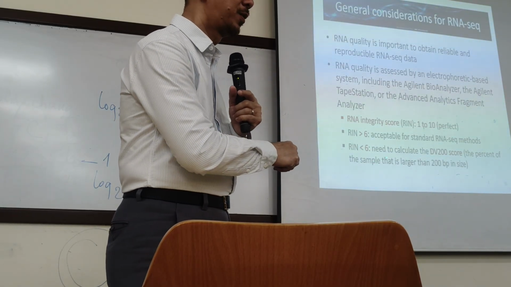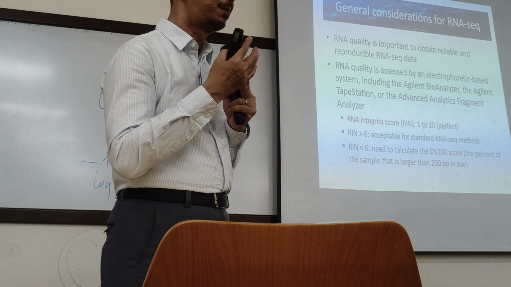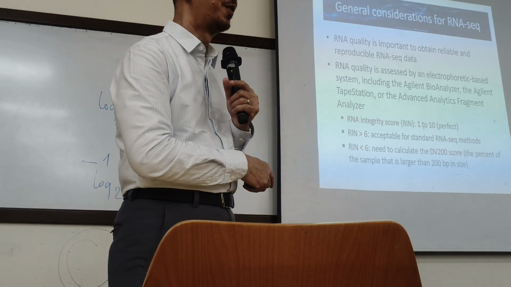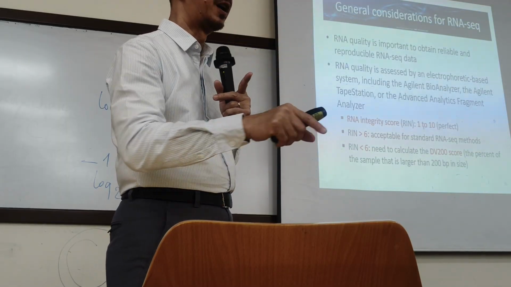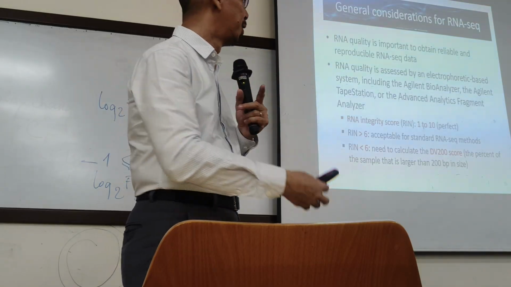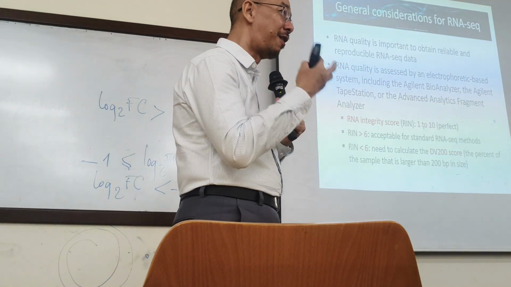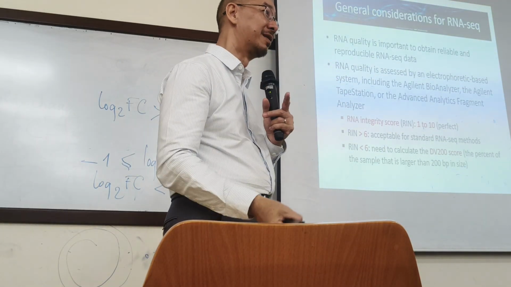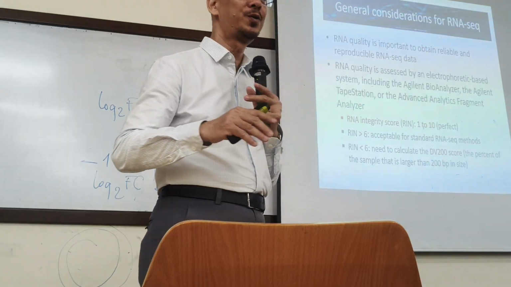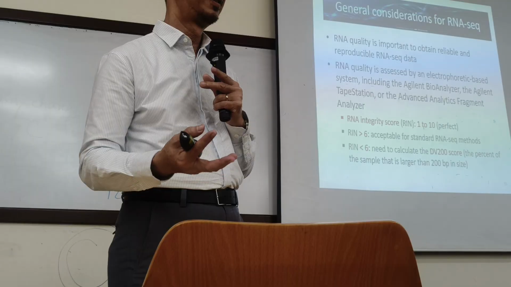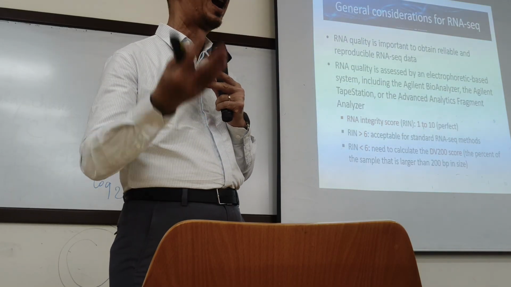I sent the sample to them, and the report said the RIN value was only 4, and the conclusion was fail. They also asked whether I wanted to sequence or not. If you want, that means you have the risk. It's up to you. And I accepted it because there was no choice, no more sample, but actually the risk was also very high.